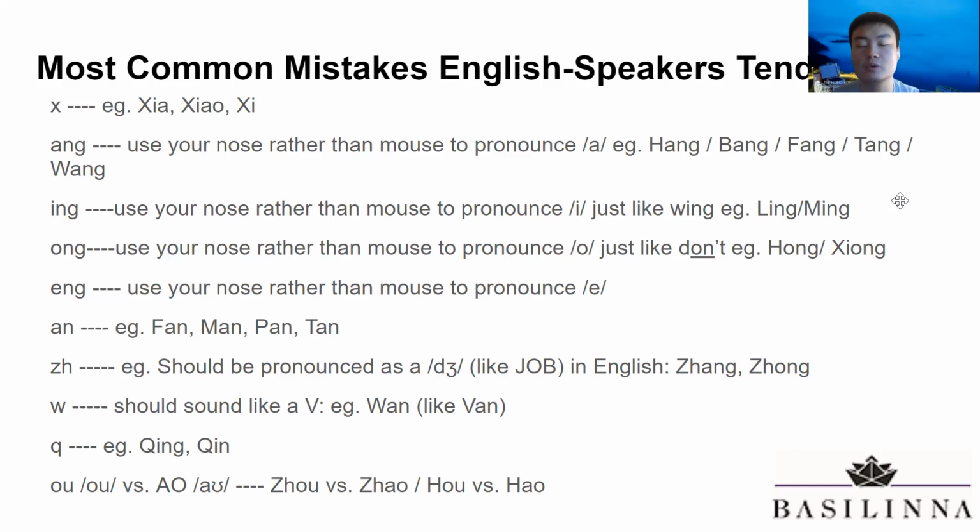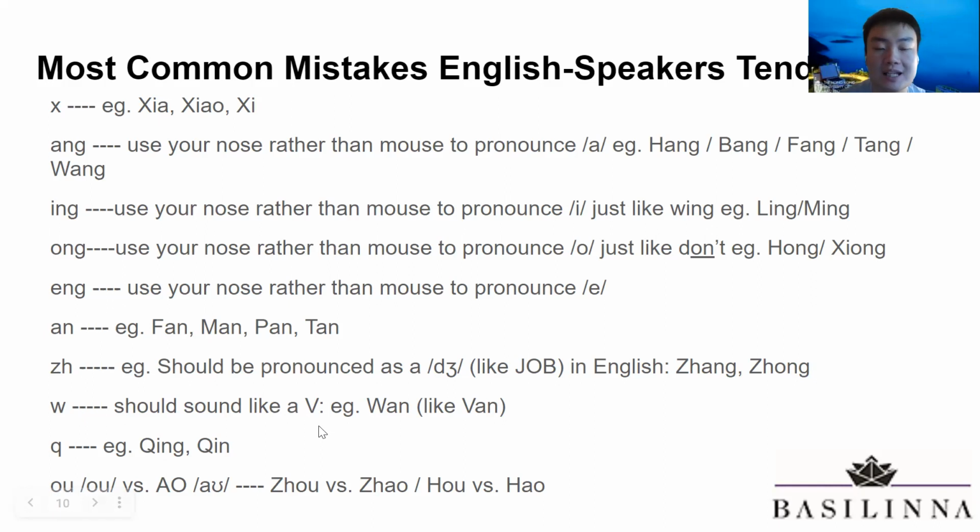Like so, this example would be wan, not one, but wan. V sound. The last one would be q. Remember to show your teeth. So that would be qiang, next one would be qin, qin. Okay.